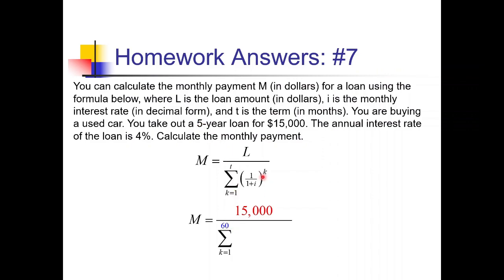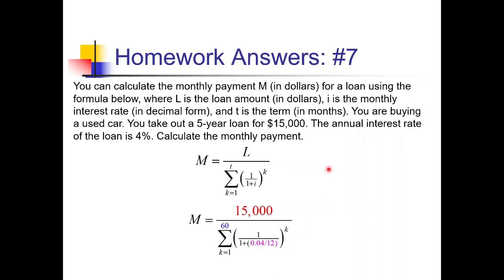And then we've got 1 over 1 plus the interest rate, but we've got to be careful here too. They gave us the annual interest rate of 4%, but this I value is actually a monthly interest rate in decimal form. So I'm going to do 0.04 divided by 12 for my I value. And then I'm going to raise this whole thing to the k power.